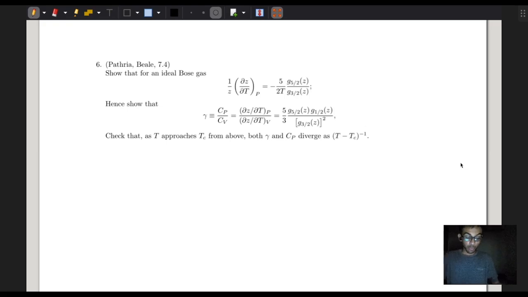Okay, let's move to the next problem. Now this is again back to 3 dimensions. That was just an exercise to show that there's no Bose-Einstein condensation at finite temperature in 2 dimensions.